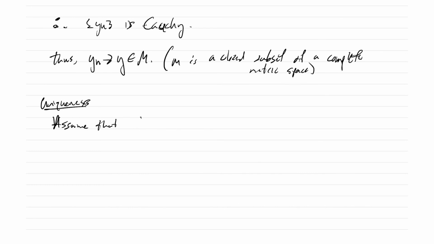that there exists a y and a y prime in M such that the norm of x minus y is equal to the norm of x minus y prime, which is equal to d. So now we're going to appeal to the parallelogram law exactly the same way again.